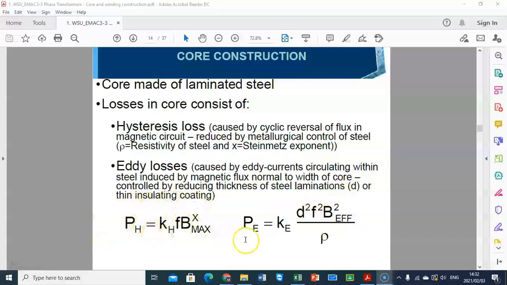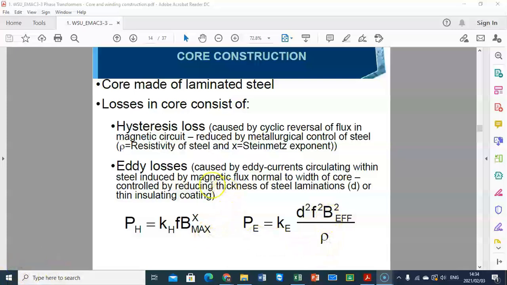Then we have the formulas for hysteresis losses and eddy current losses, and you can see that the hysteresis losses are proportional to the frequency and the flux density, and then we have a constant factor here, and eddy current losses also is proportional to the thickness of the steel laminations, also to the square of frequency and the flux density, and inversely proportional to the rho.